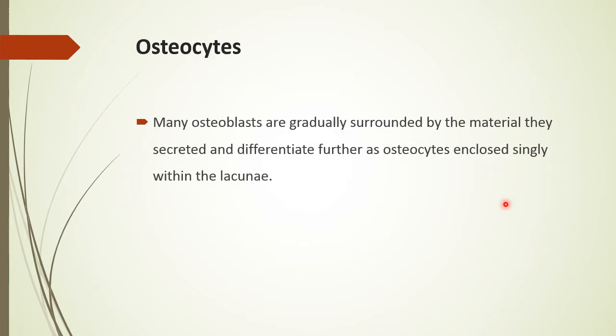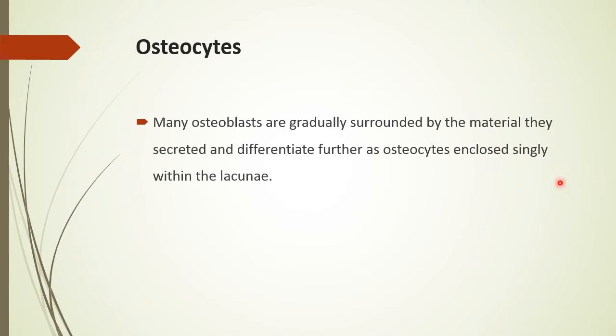We finished the osteoblast. Now we are going to move to the second type of cells, which is the osteocytes. Many osteoblasts are gradually surrounded by the material they secreted and differentiate further as osteocytes enclosed singly within the lacunae.